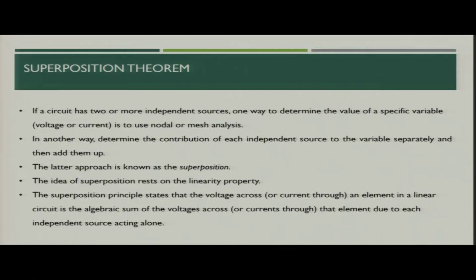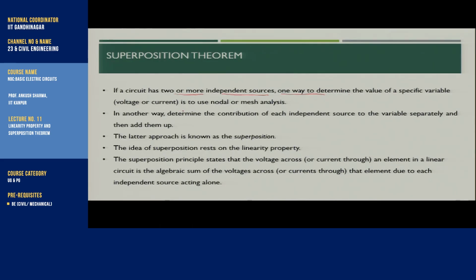Now, let us talk about one important theorem called the superposition theorem. If a circuit has two or more independent sources, one way to determine the value of a specific variable, that is maybe voltage or current, is to use nodal or mesh analysis, which we discussed in the previous week.